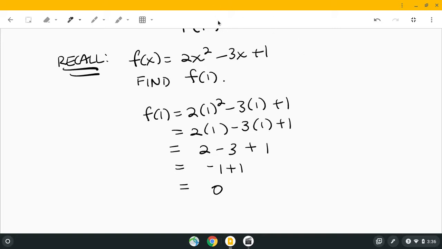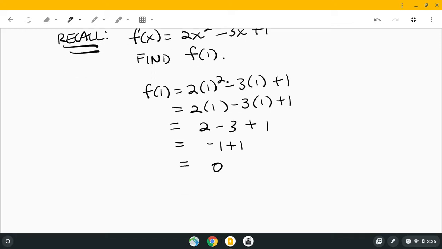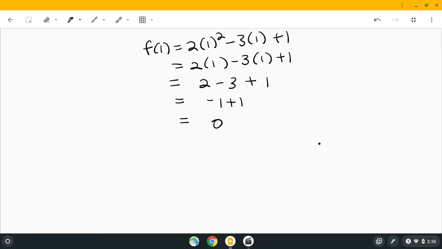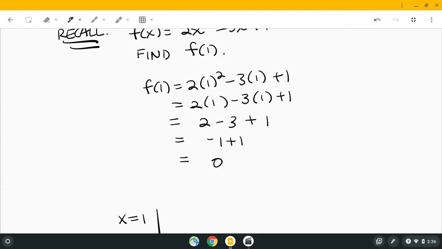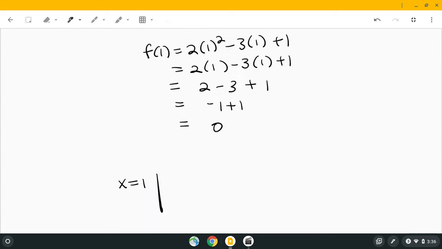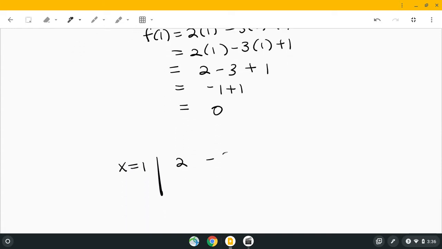Okay, so what they're saying now is that if you want to find out what f of 1 is, you can just do synthetic division for x equals 1 on this polynomial. So 2, negative 3, 1. Let's go ahead and do that. 2 times 1 is 2.